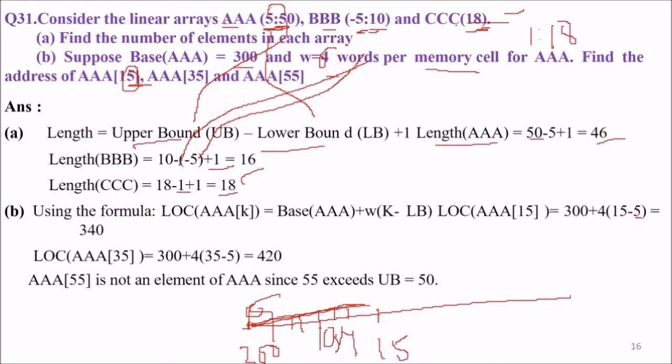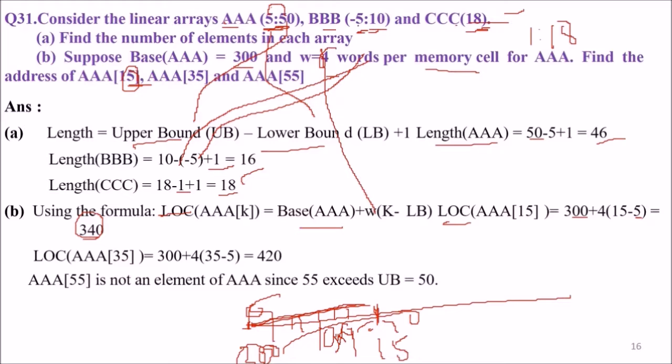So 10 into 4 is 40. Now the base address you can add with 40, and you can reach 15. So the formula will be LOC of AAK equals base AAA plus W, that is 4 words per memory cell, into K minus LB, and LOC of AAA 15 is 300 plus 4 into 15 minus 5, that will be 340.